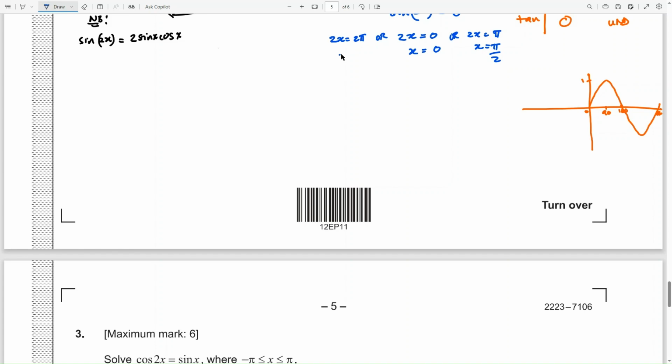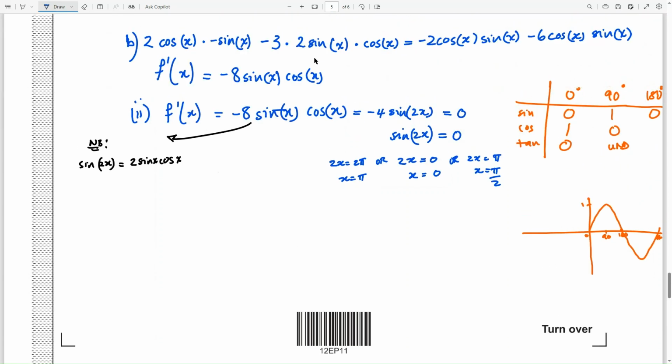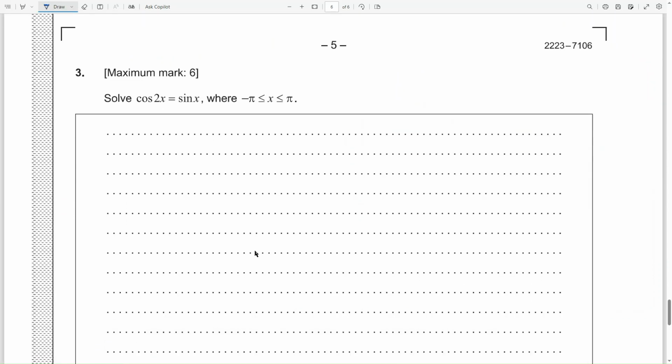And then if you divide by 2, it gives you pi. Yeah, that fits as well. So 0, pi over 2, and pi can work. That's mainly because we're working with 2x, a double angle, not just x. So just keep that in mind. Anyway, all the answers that we can get are 0, pi over 2, and pi. Yay.